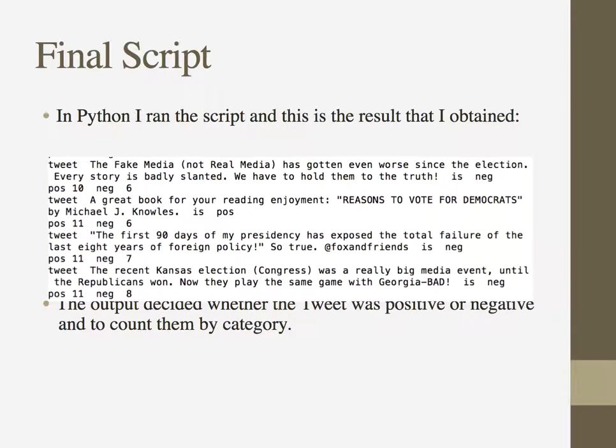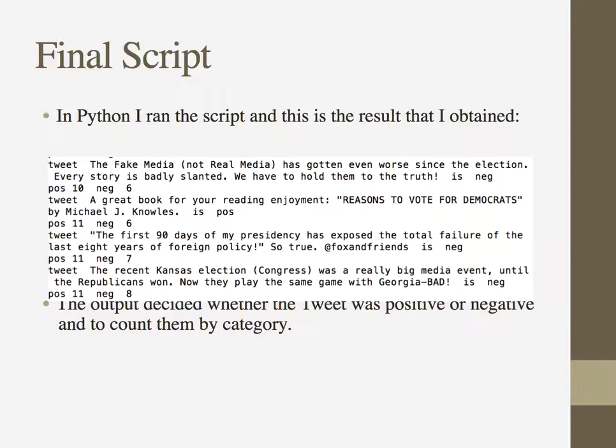Okay, when I run this script in Python, the result that I obtained was this one. If you see here in the screenshot, the first word that appears is "tweet". Then it goes with a real tweet. I'm going to give you an example. The first one: "The fake media, not real media, has gotten even worse since the election.